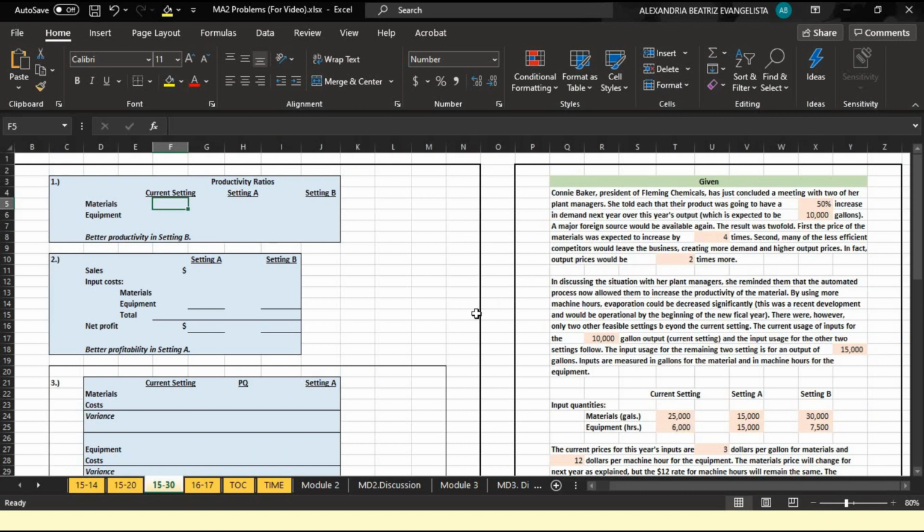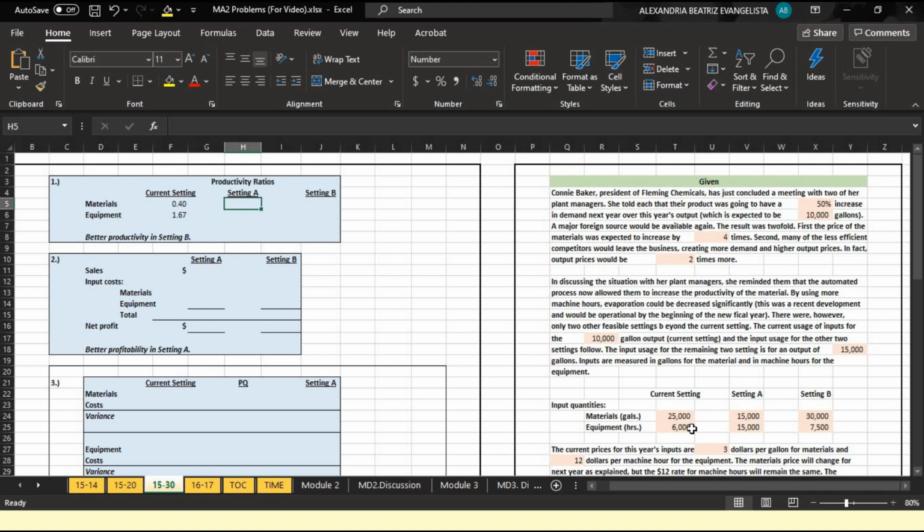So for the current setting, in terms of materials, that is computed by 10,000 gallons, which represents the current year demand, divided by its actual quantity in gallons, which is 35,000. And that would give us 0.40 productivity. And for equipment, that is again 10,000 gallons, because that is the output, divided by its input, which is 6,000, and that would give us 1.67.